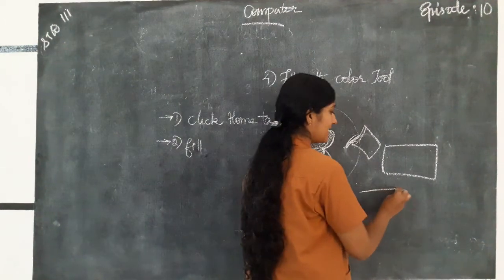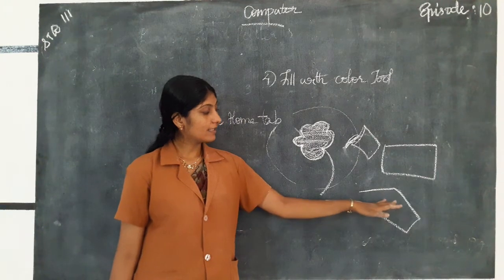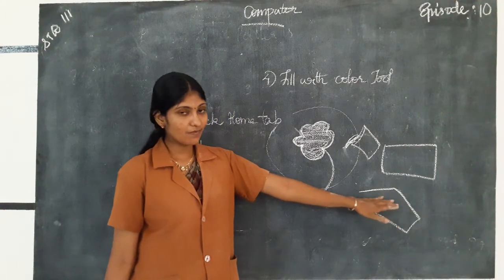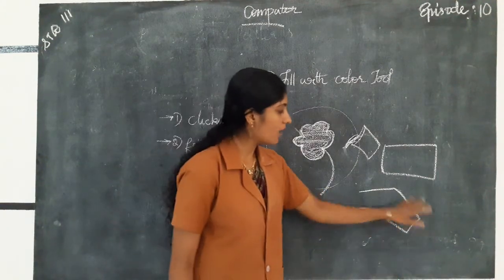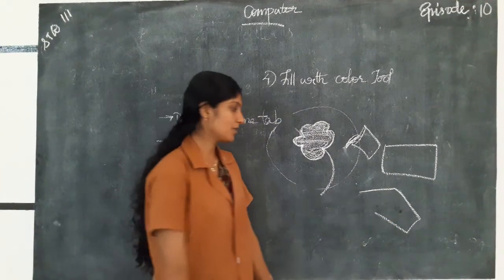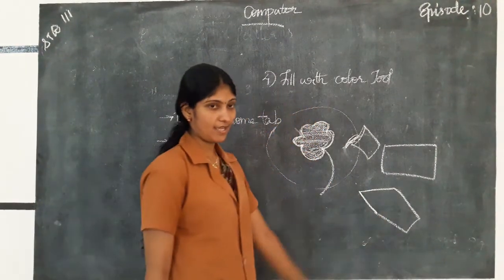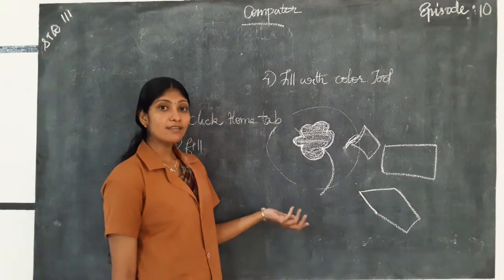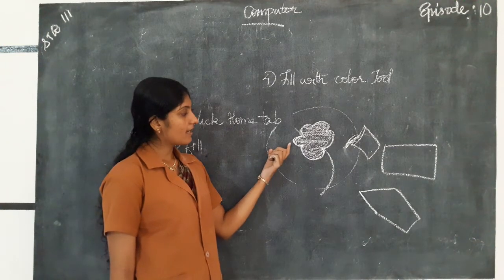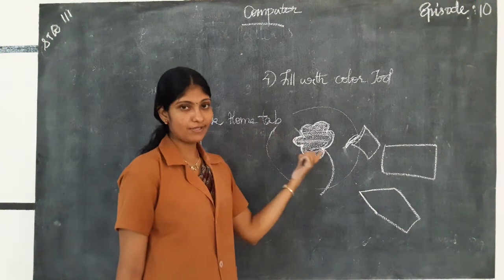But if it is not closed, what happens? The color you selected will fill all the outside and inside of this picture. So make sure that you close the area or the picture you want to paint or fill the color.